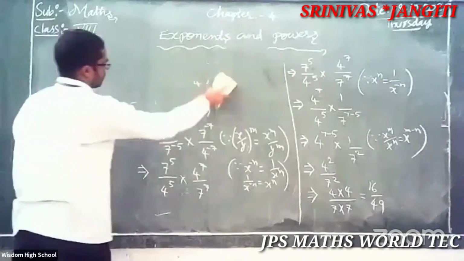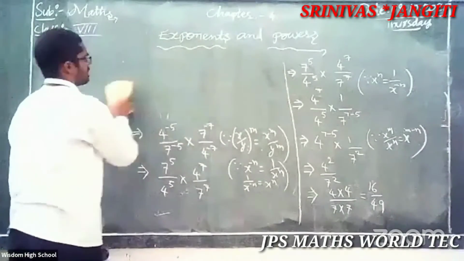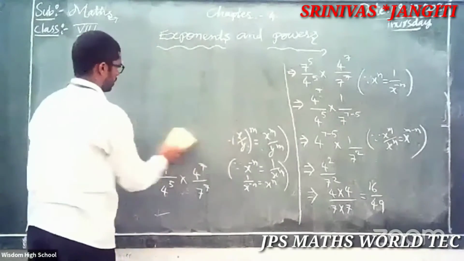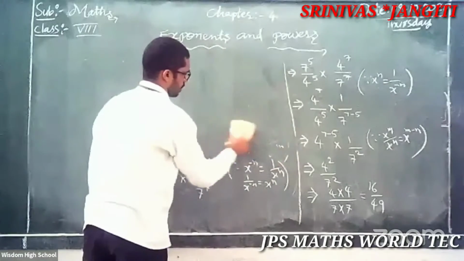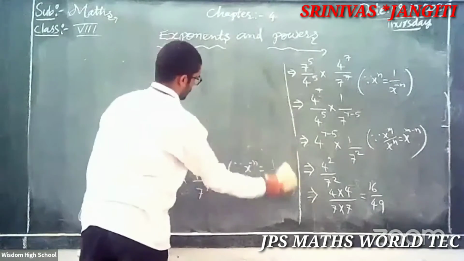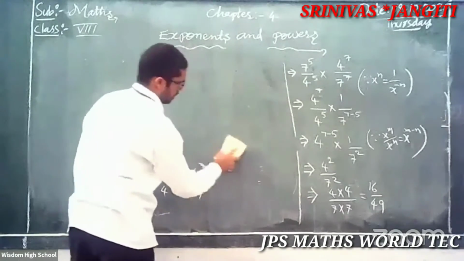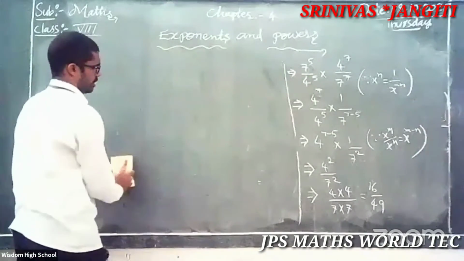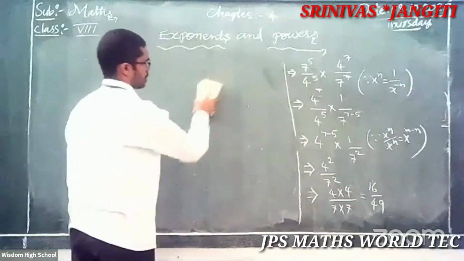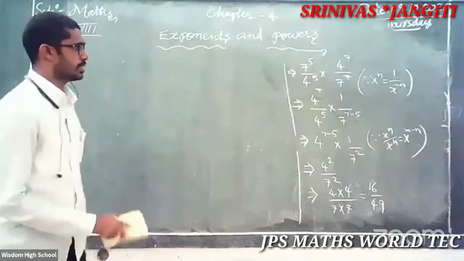So don't fear these problems because they are very, very easy. But one thing you remember when you are writing your classwork: write the base big and the exponent small, step by step, and give more gap. Otherwise the base looks like an exponent and the exponent looks like a base. That is the difference.